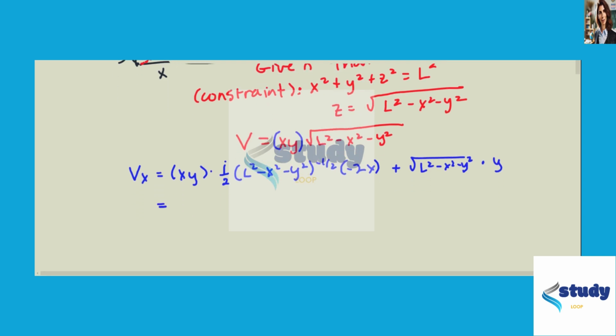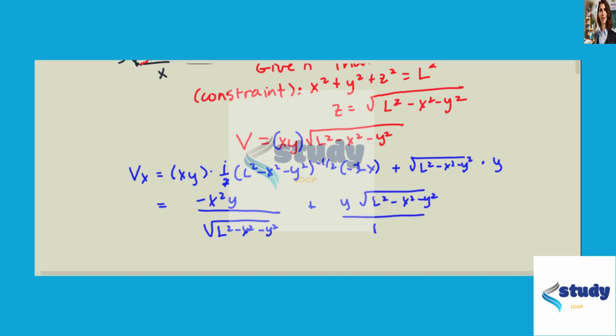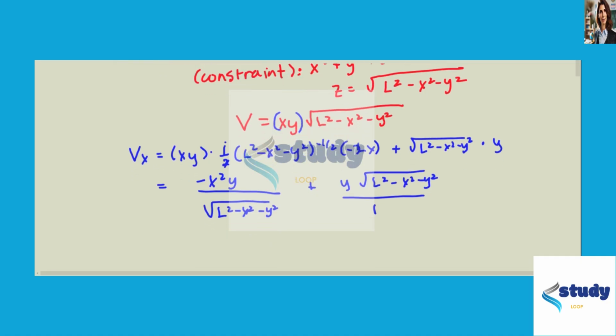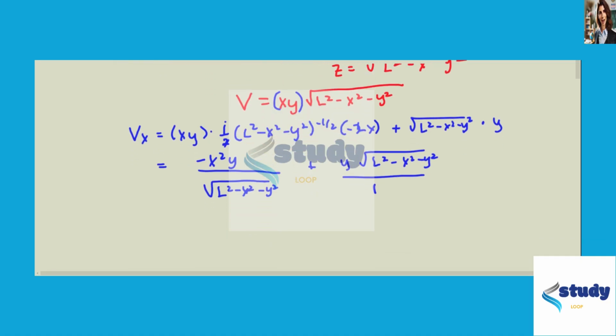I'm going to do some simplifying here. This 2 and this 2 cancel and leave me minus x squared y over the square root of L squared minus x squared minus y squared, plus y times the square root of L squared minus x squared minus y squared over 1. Now get a common denominator so you can add them together. I'm going to multiply the top and bottom of this by this square root over here.